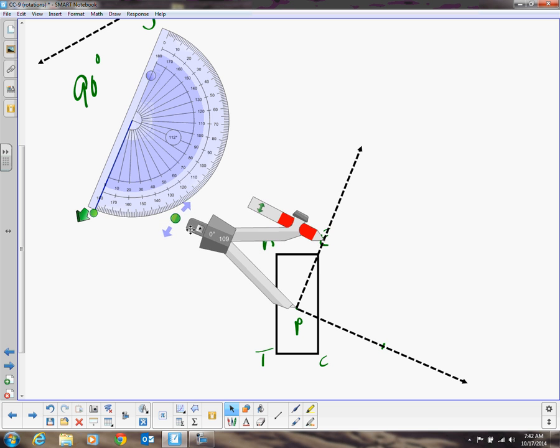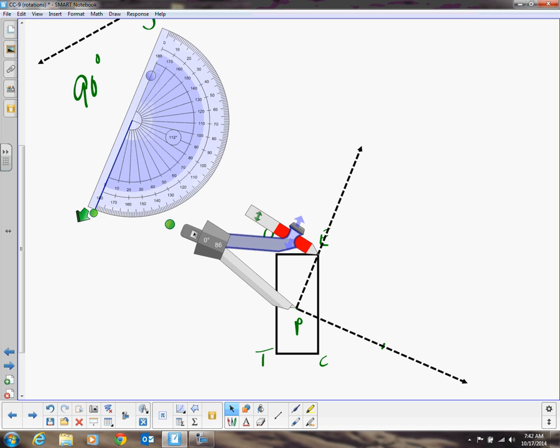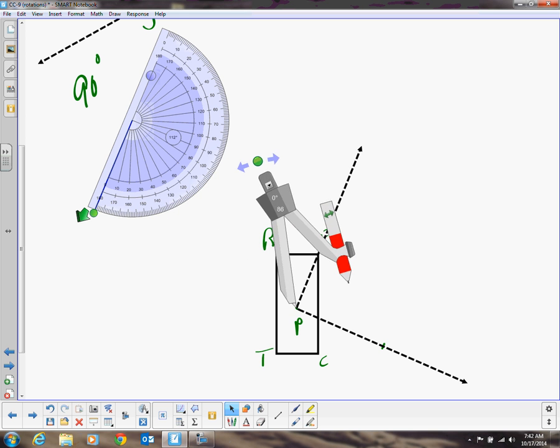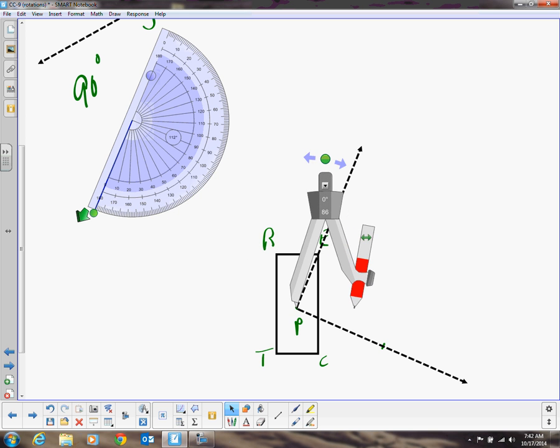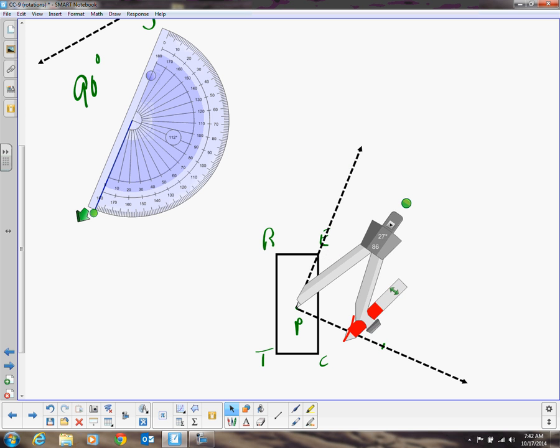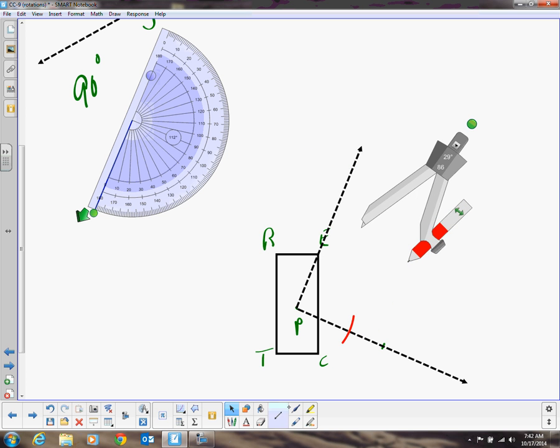On E. So I'm going to take this down to E, and now where do I make my arc? Over here, correct? So what point is this? E what? This is E prime.